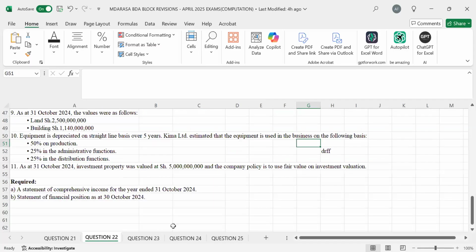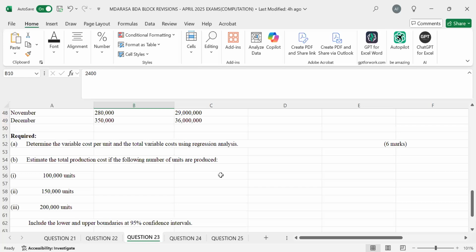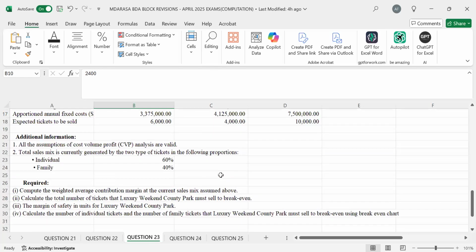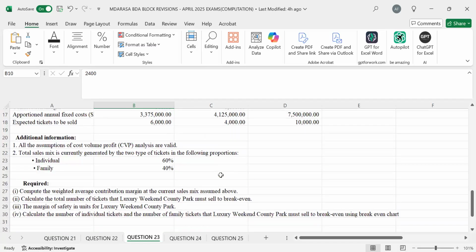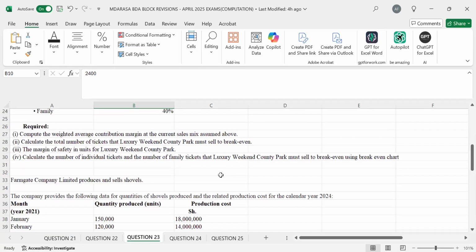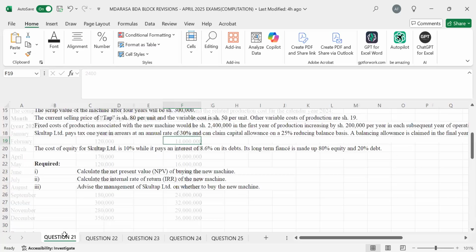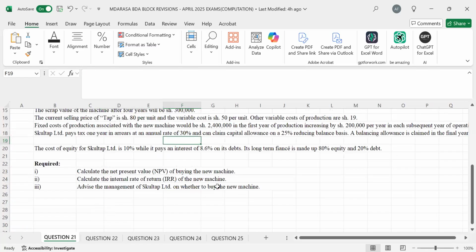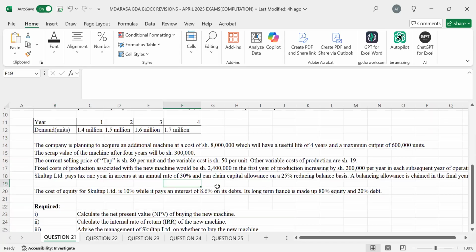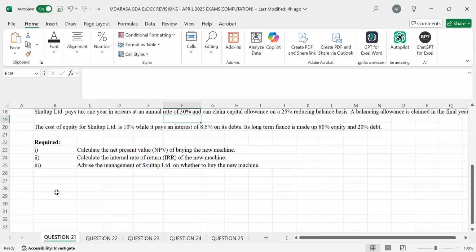Then of course, if at all time will allow, I can touch something in relation to MA, the CVP concept, the concept of breakeven, and have a look at it. So straight away, we go to this question number 1, the aspect of financial management.